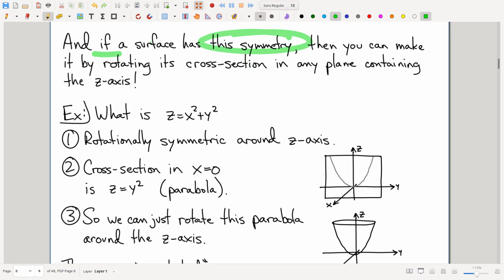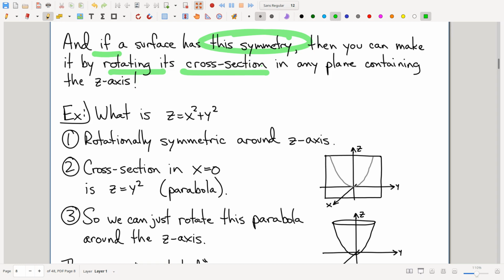And furthermore, you can generate the entire surface by rotating any such cross-section, just rotating it around the z-axis. So, easy algebraic observation. Just look for the x's and y's. Make sure they only show up in the relevant form. And then you get to just magically say, oh, this is rotationally symmetric.